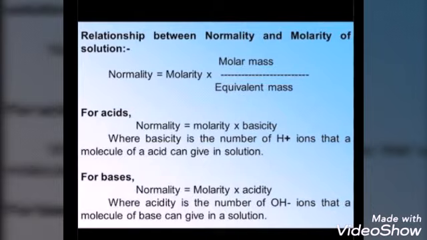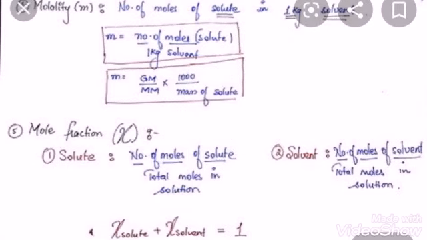If I put all these things in the formula, I get the relationship between normality and molarity, that is normality is equal to molarity into n factor, and n factor can be acidity, basicity, anything. Basicity you consider for acids, for example H2SO4. H2SO4 has basicity 2, so you can put that value in the formula.